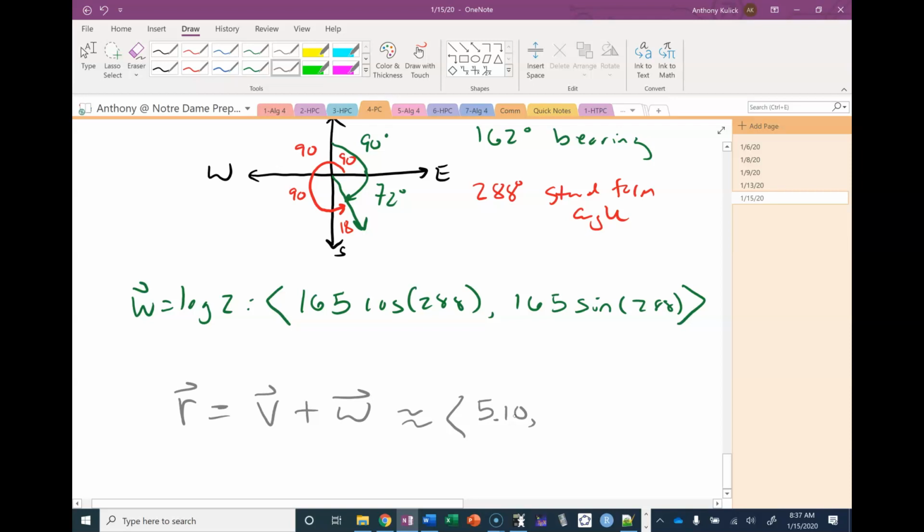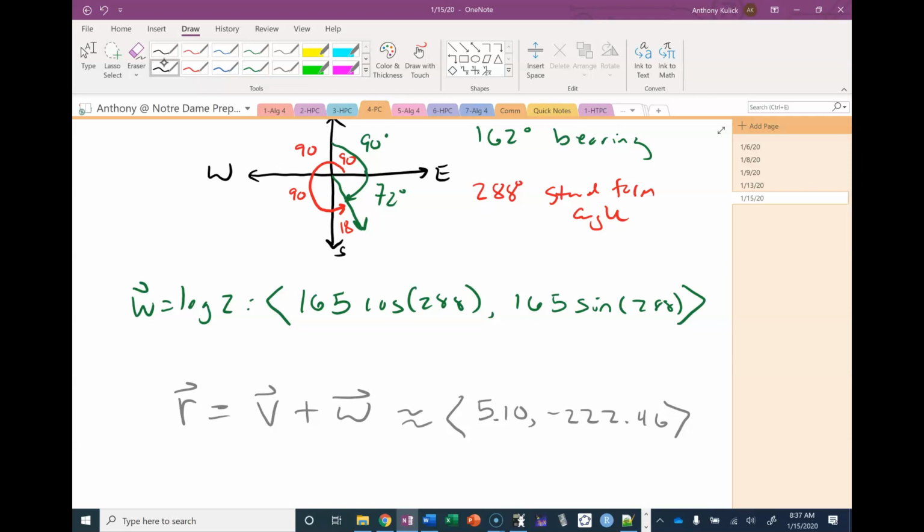And then when I do 80 sine 235 plus 165 sine 288, I get negative 222.46. So that's the component form vector of this resultant, what I'm looking for.